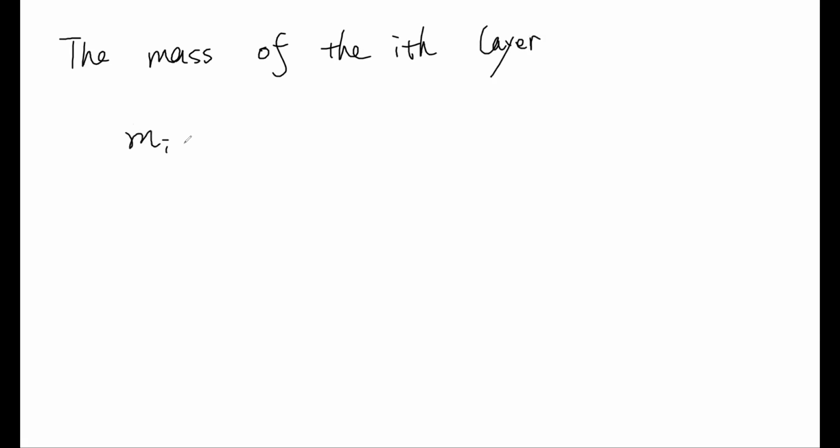And now the mass of the ith layer, Mi, is equal to the density of the water, which we usually use rho to represent, multiplied by the volume of the ith layer.